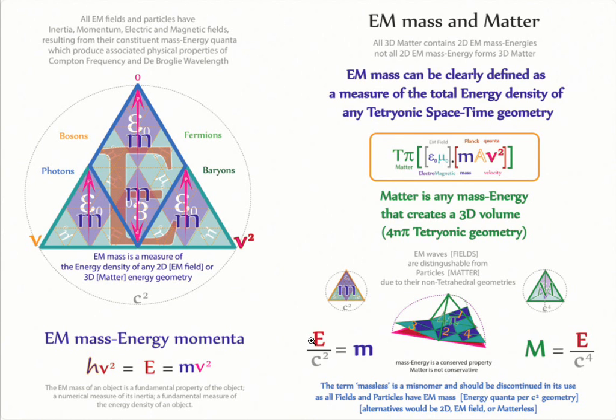Tetrionics does all of this through the geometry, and again shows or corrects many assumptions of relativity and mathematics through the use of geometry.